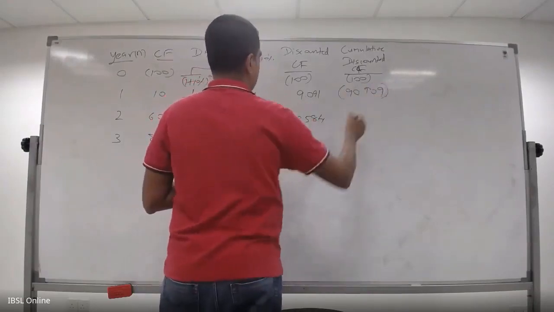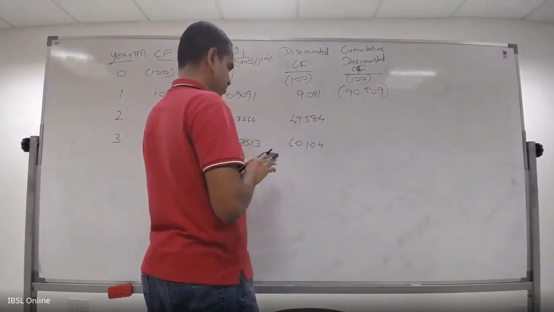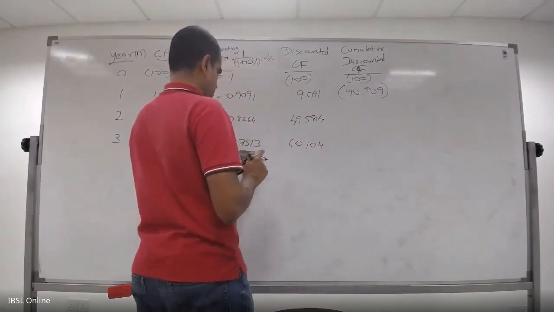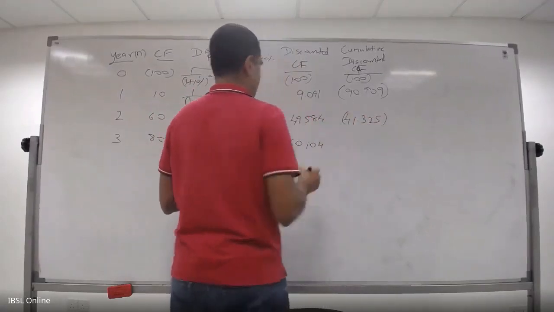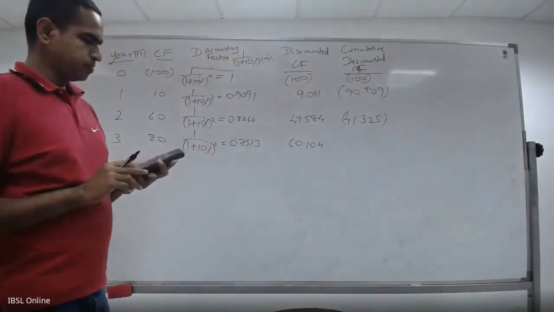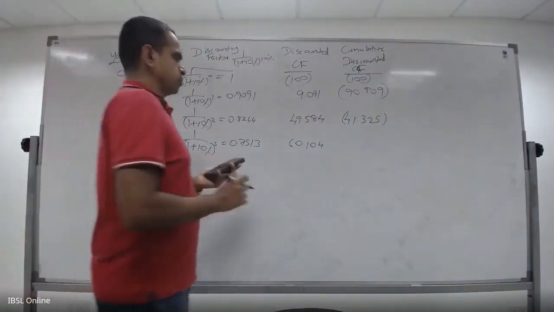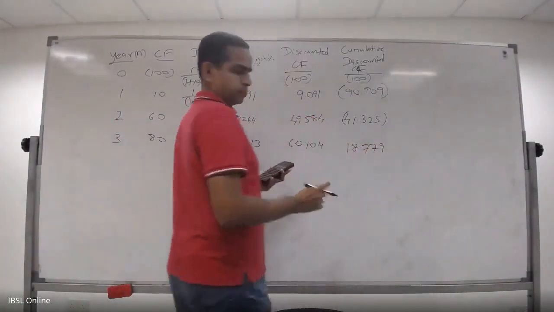And you're still negative. Minus 90 plus 49,584. That is 41,325 negative, plus 60.104. You are positive 18.779.